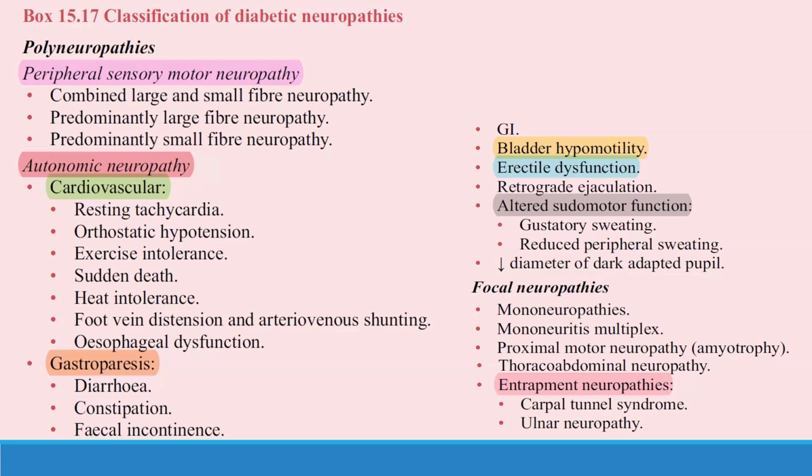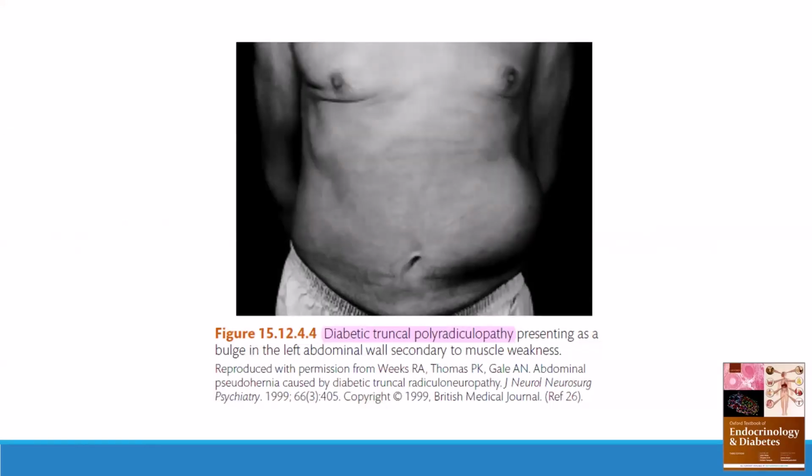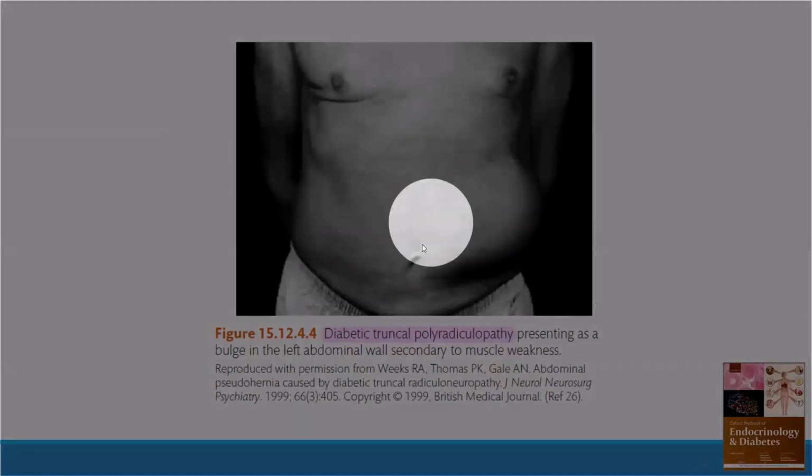Focal neuropathy, as I mentioned, includes mononeuropathy multiplex, carpal tunnel syndrome and ulnar neuropathy. This is a picture from the Oxford textbook for diabetic truncal polyradiculopathy.